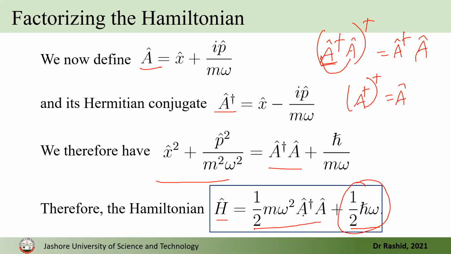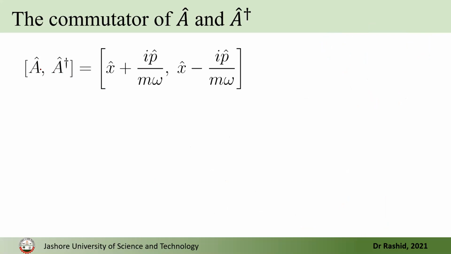Now let's calculate the commutator of these two. If we just do the multiplication, since x hat commutes with x hat, the commutator between them is 0, and p hat commutes with p hat, the commutator between them is 0.